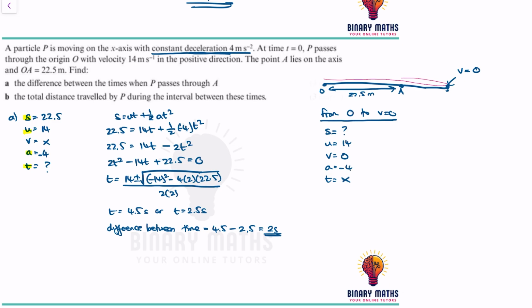So we've got S, U, V, and A, which means V squared is equal to U squared plus 2AS. 0 squared is equal to 14 squared plus 2 times minus 4 times S, which means S will be equal to minus 14 squared over 2 times minus 4. S is equal to 24.5 meters.